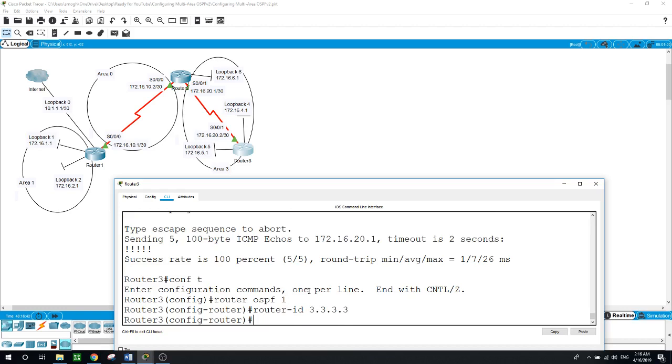And now the networks, we have the interface facing router 2. We have loopback 4 and 5, they are in area 3.